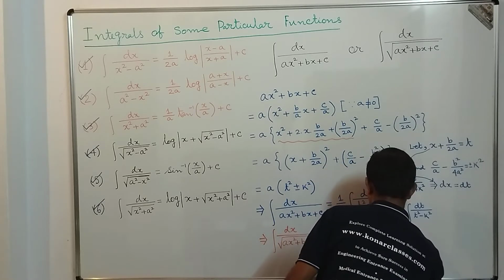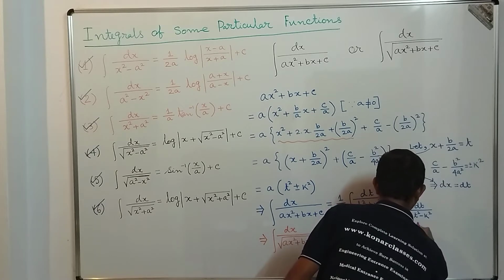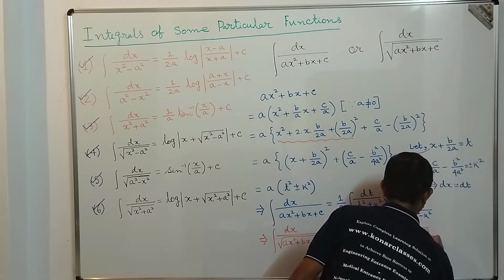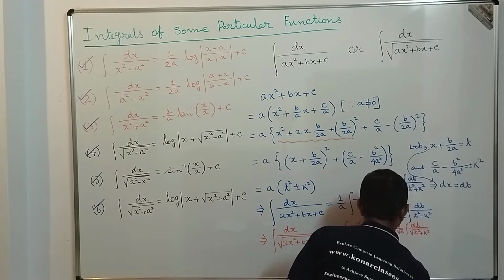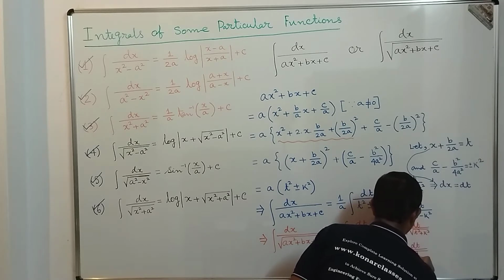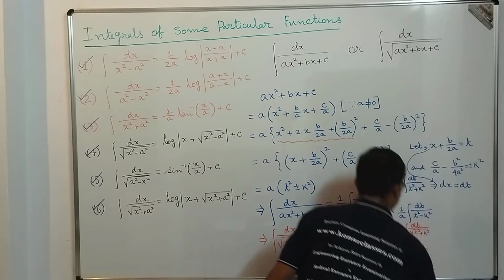The first one will be 1 by square root of a integration dt by square root of t square plus k square, or it will be 1 by square root of a integration dt by square root of t square minus k square.